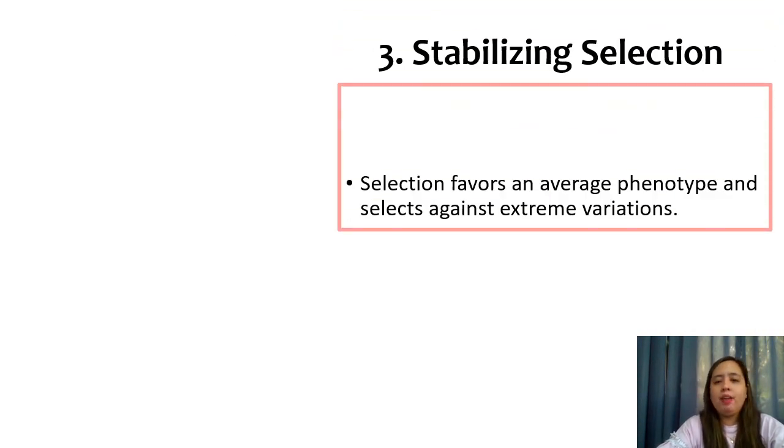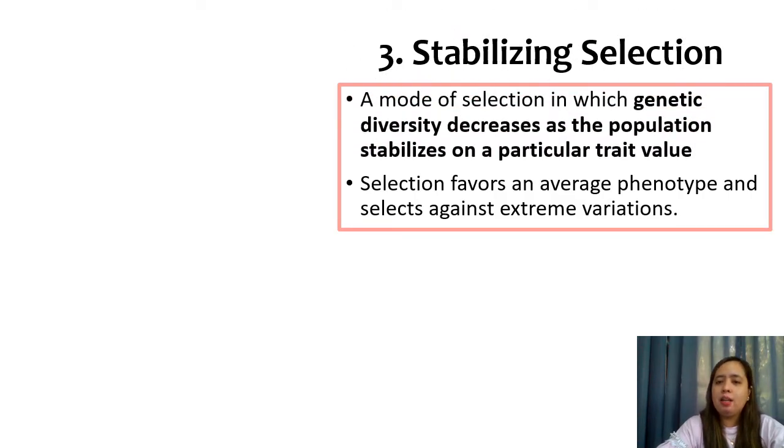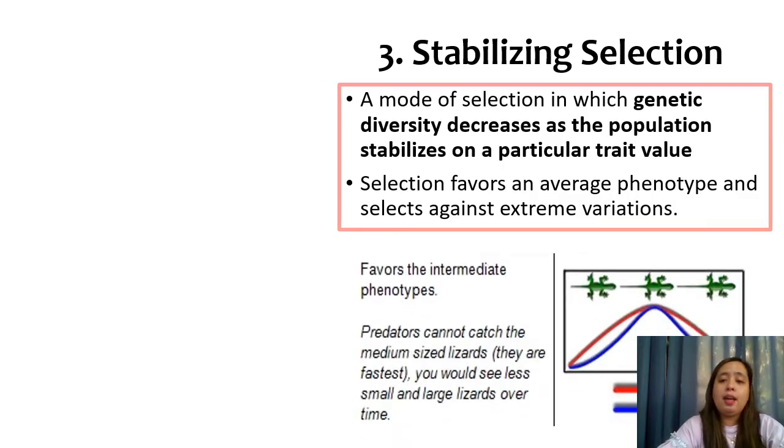And then we have stabilizing selection here. Stabilizing selection is more on the middle of the trait, and does not favor those on the extremes. So predators cannot catch the medium-sized lizards because they are the fastest compared to the small and the largest ones.